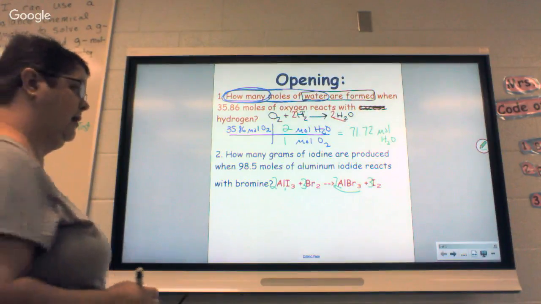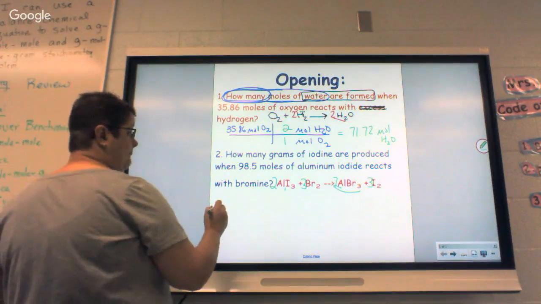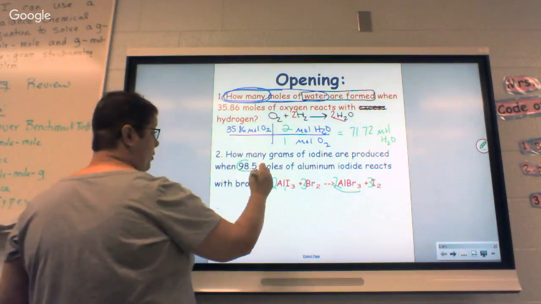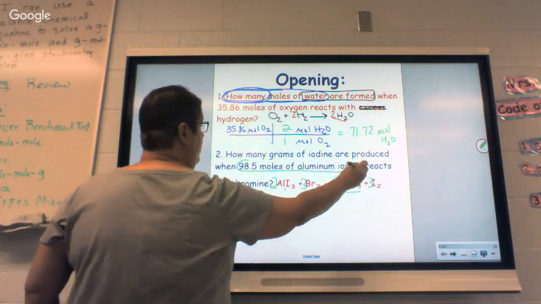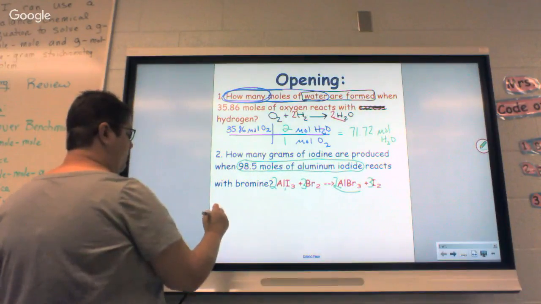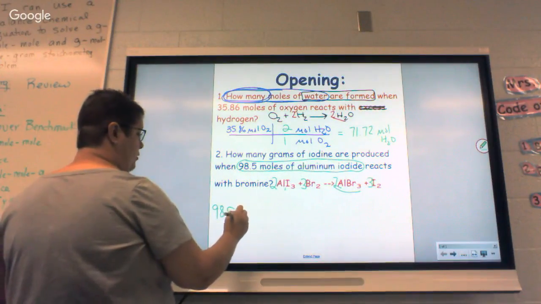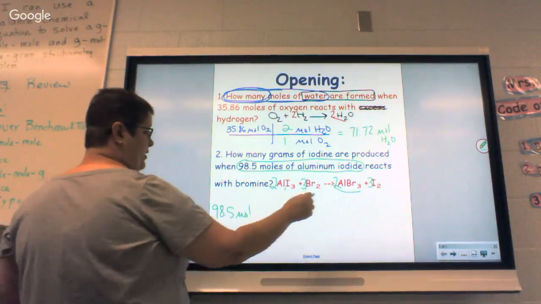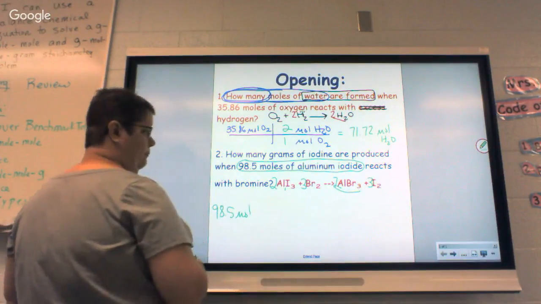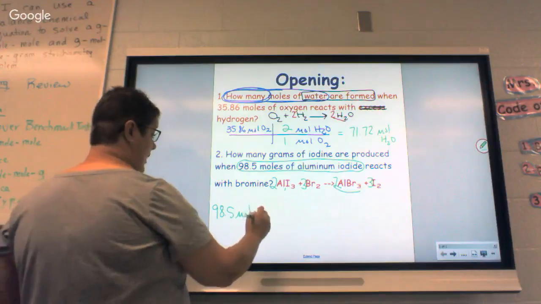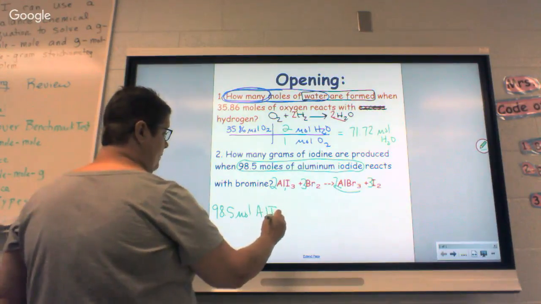So what's my starting data? Remember, always find the number. Moles of what? Okay, so 98.5 moles. And which one of those is aluminum iodide? The first one, AlI3.